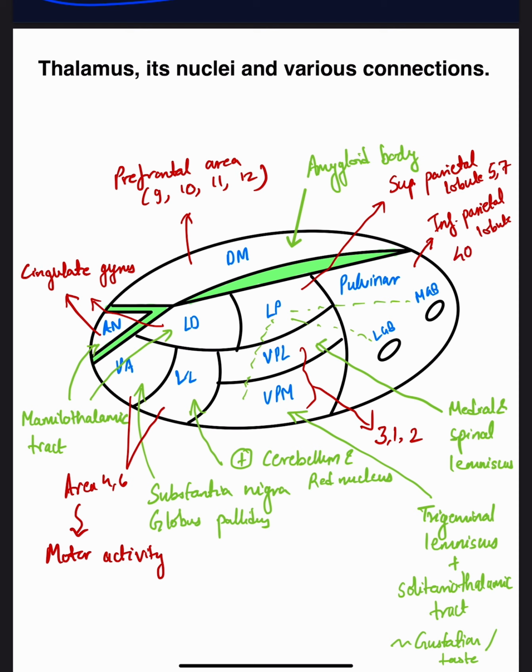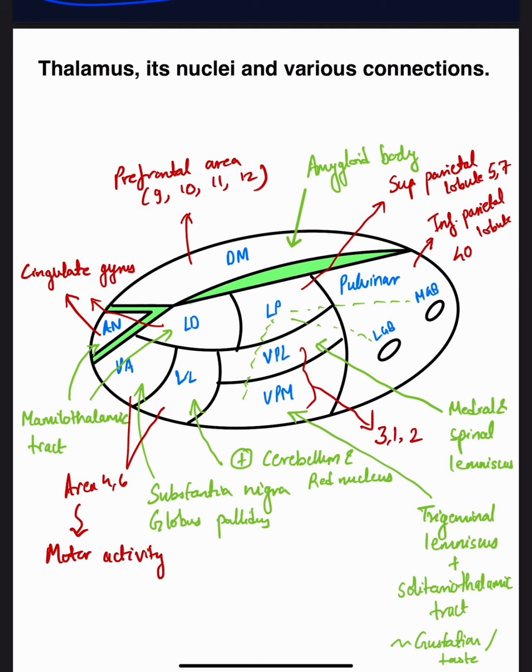And we have remaining these two oval structures, the medial geniculate body and the lateral geniculate body. The medial geniculate body is responsible for audition, and the lateral geniculate body is responsible for vision.